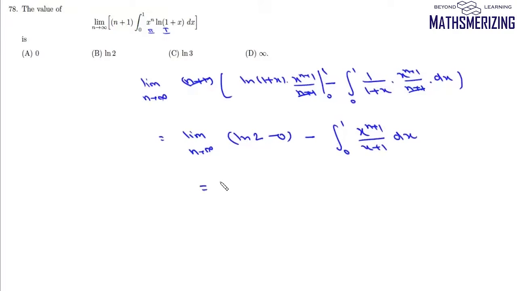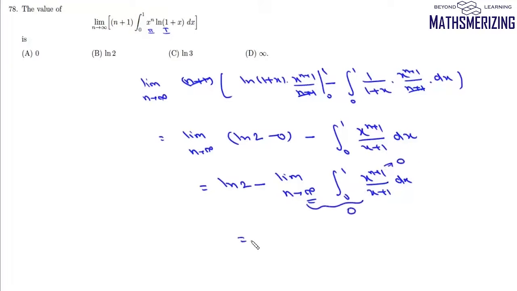So it will be log 2 minus this limit n tends to infinity of the integral from 0 to 1 of x to the power n plus 1 upon x plus 1 dx. Now when n tends to infinity, this x lies between 0 and 1, so this value will be nearly 0. So the value of this integral is nothing but 0. So the answer to this limit will be log 2, and that's your option number B.